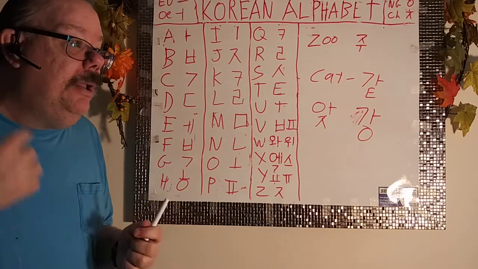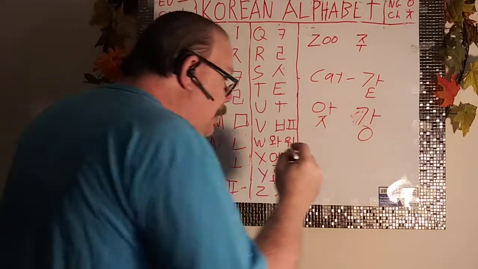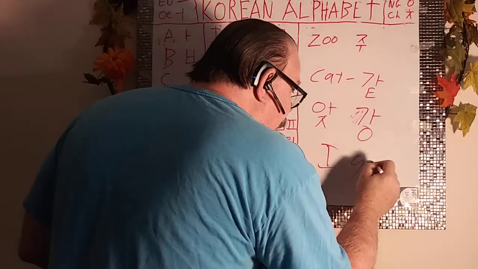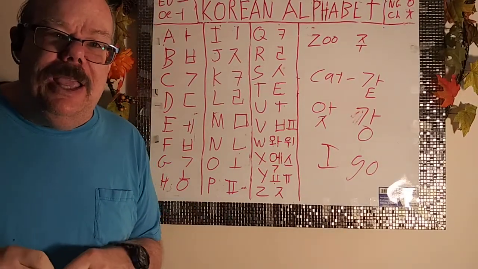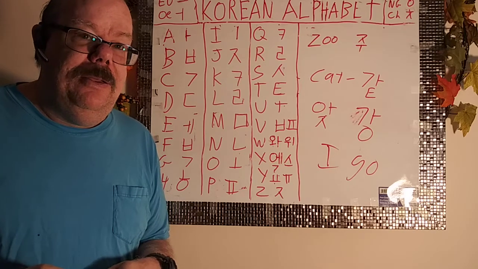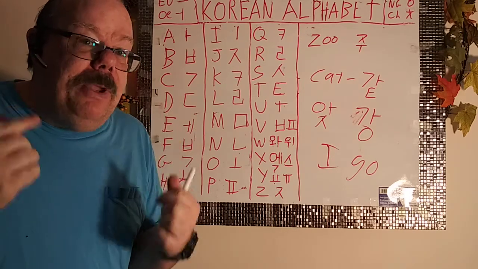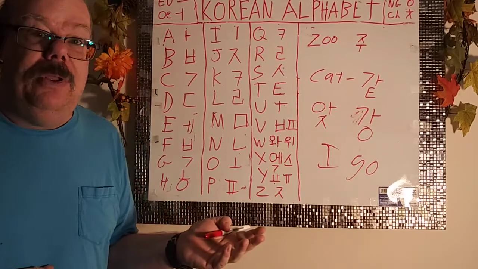For example, in Korean, I go. It doesn't mean I go. It means something else. But to remember it, you could think of I and go.